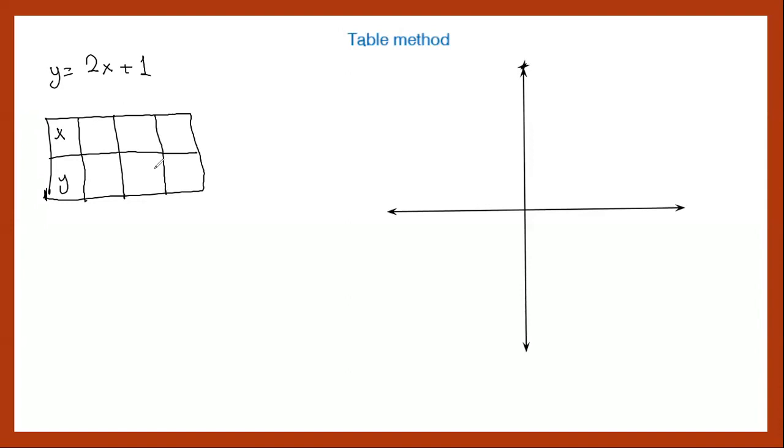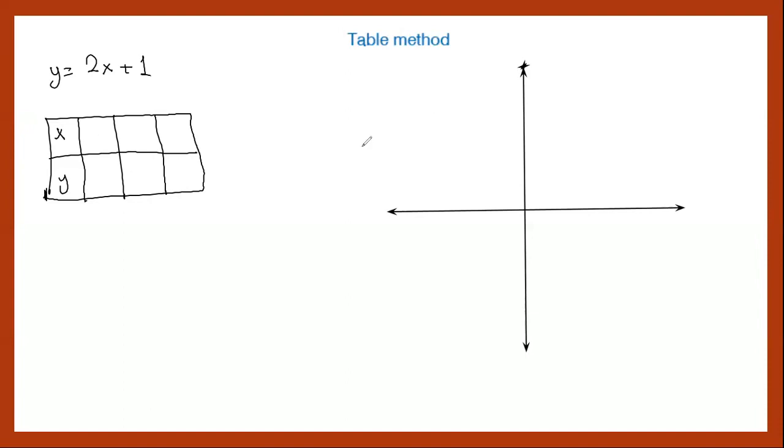You can give y too, but it is going to confuse you. Better to give x the values, and those numbers are totally up to you. There is no rule that you need to give these numbers. You choose any three numbers to give x as values to find y.